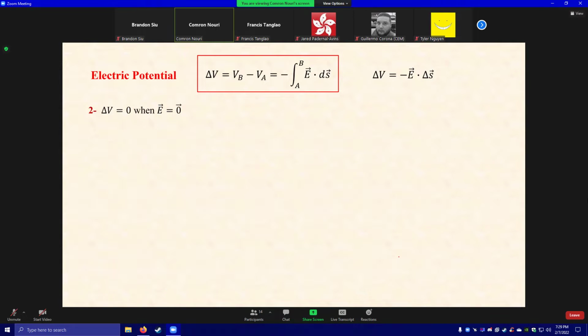All right. Another way that delta V can be 0 is when the electric field is 0. So far in the theory course, the lecture, have you talked about electric field being 0? No. I guess maybe not. We get to that in chapter 23. All right. Electric field is 0 inside a conductor, because conductors have a lot of electrons to move.